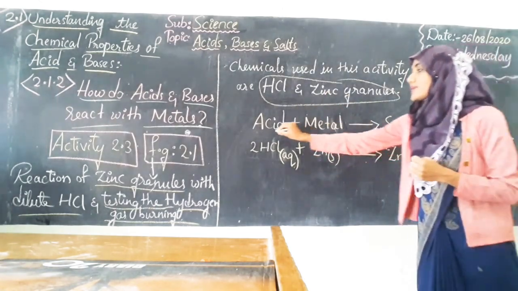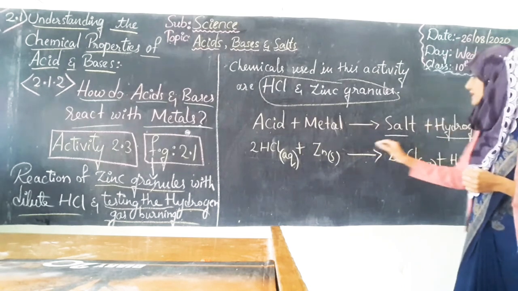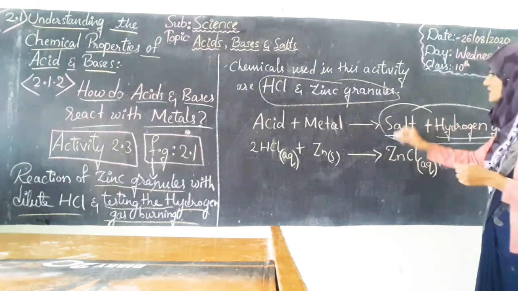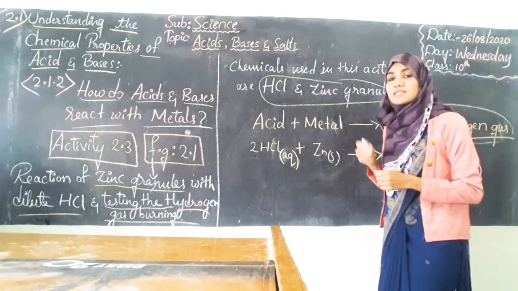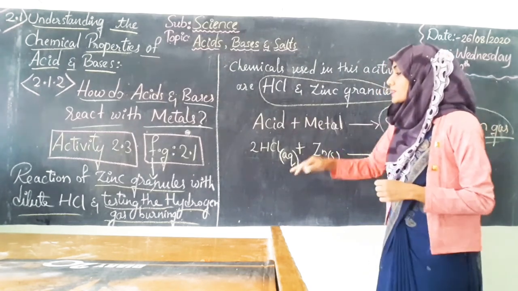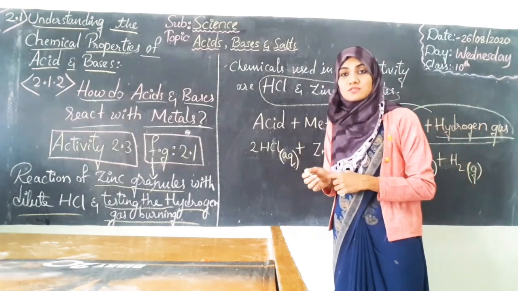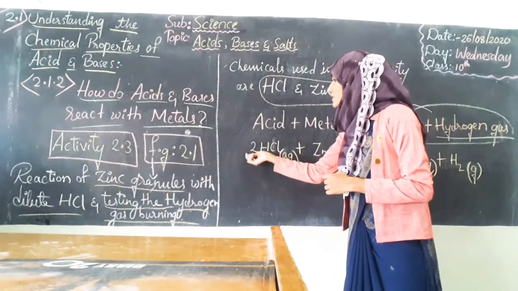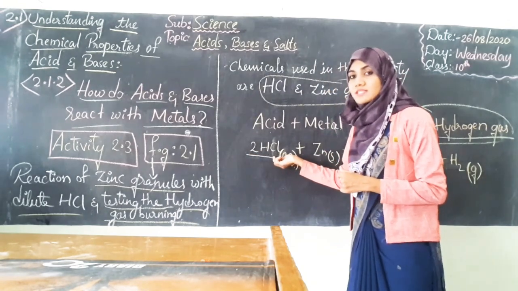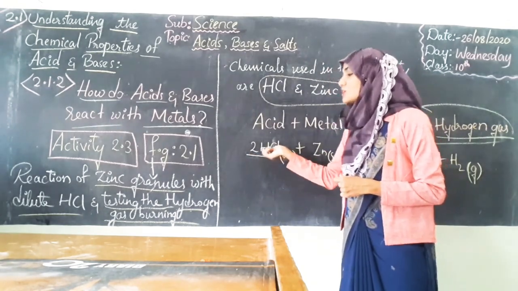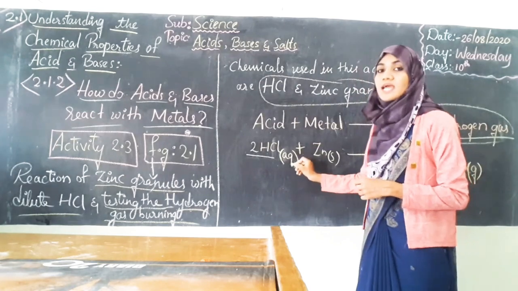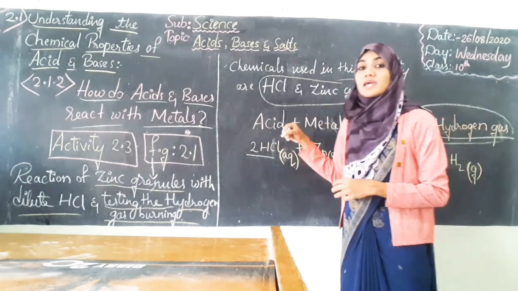Keep in mind, when an acid reacts with a metal, it forms salt and hydrogen. Based on the chemicals we used, the equation is 2 molecules of HCl in aqueous solution, that is diluted HCl. AQ means aqueous, which means it has been diluted.